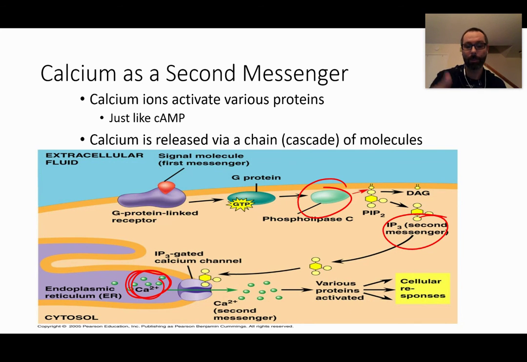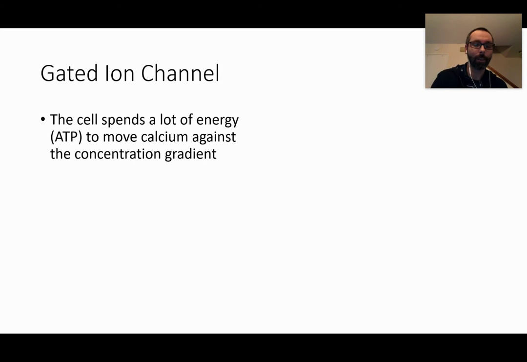But then when you need the message, you have to open the gate, right? And so first, when the cell puts all the calcium into the endoplasmic reticulum, would this be an example of active or passive transport? Going back to some old things. Of course, it's active because it spends energy, right?